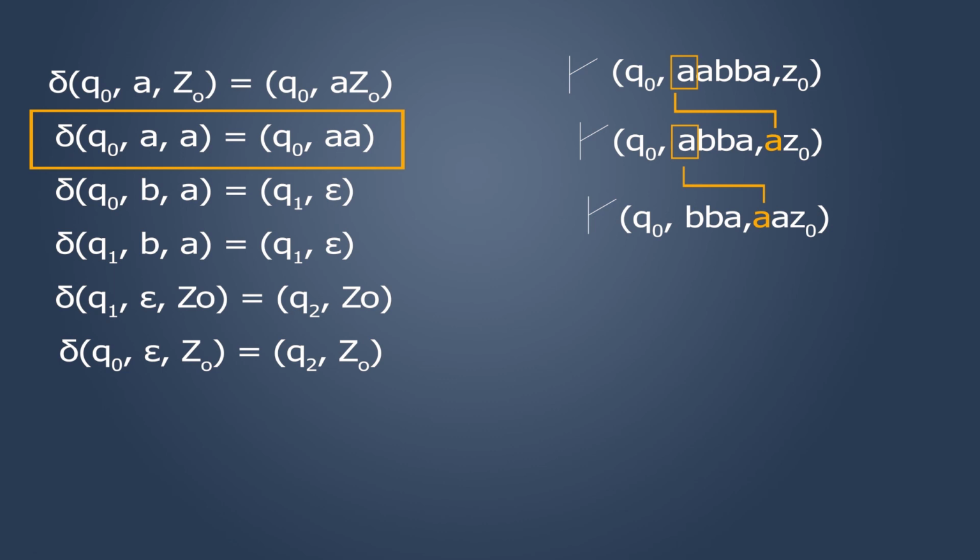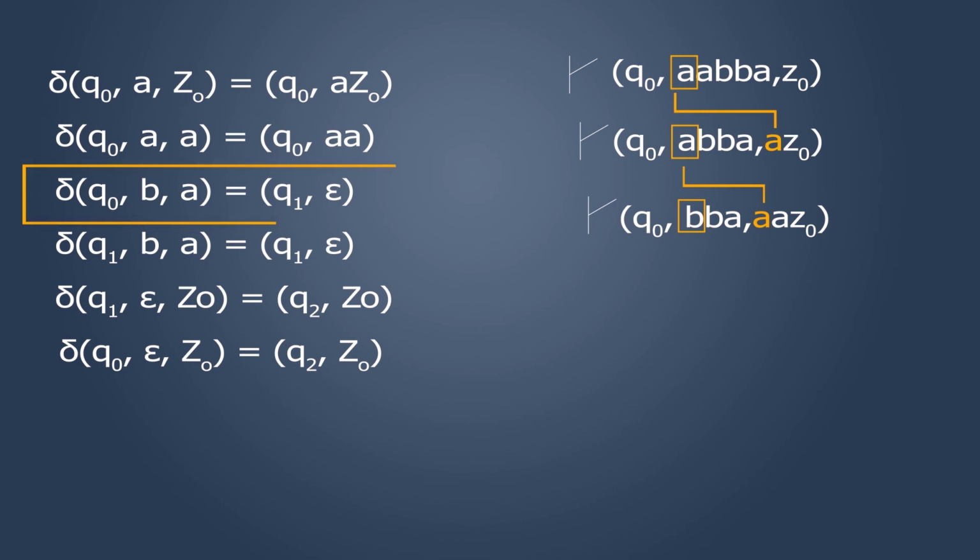We are on Q0 state. Now my input symbol happens to be B and my top of the stack happens to be A. So this transition function would get executed and it would cancel the top of the stack and it would also change the state to Q1.